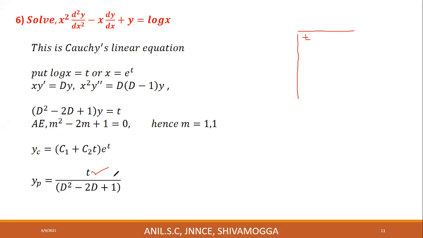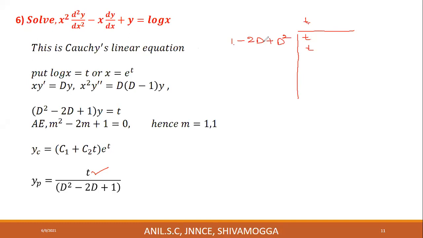Now write this f of D in ascending powers of D, that is 1 minus 2D plus D square. What will be the first term of the quotient? T. T, right. 1 into t is t.